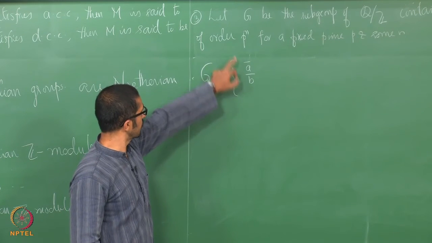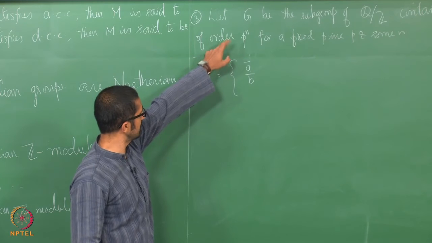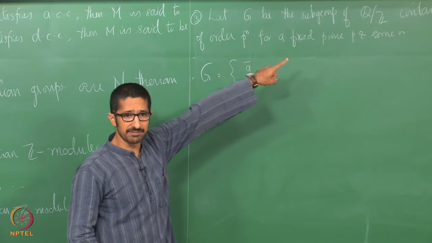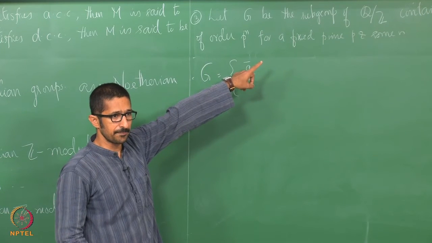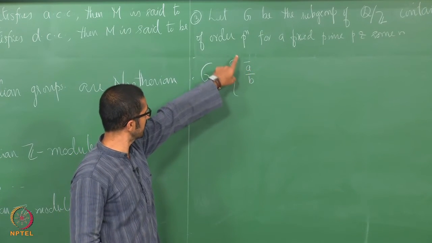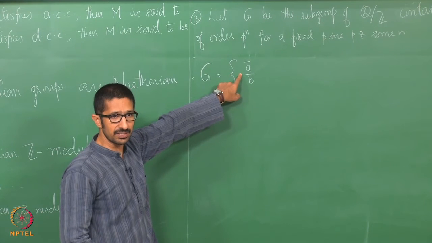Here this is an additive subgroup, right. We are looking at the additive subgroup of Q mod Z. What is meant by an element having finite order p power n?